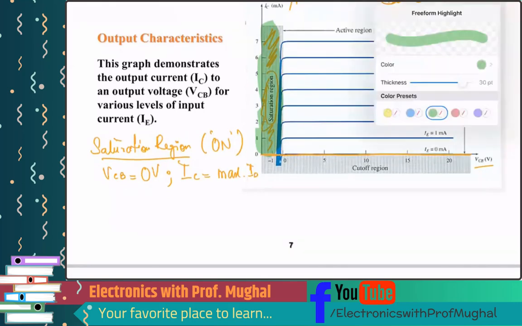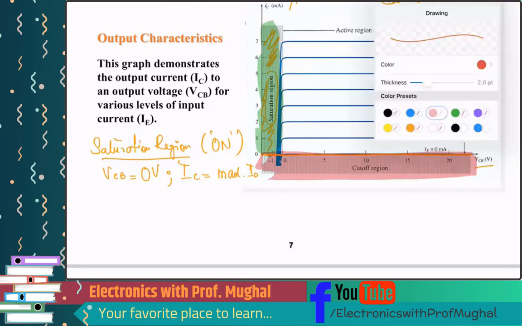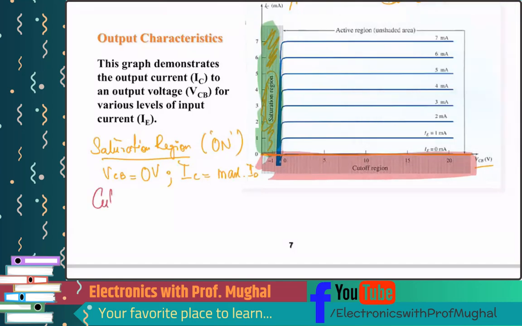Now say your transistor is working in this region right here. This region is known as the cutoff region. In the cutoff region, if I ask you what is VCB, and what is IC?